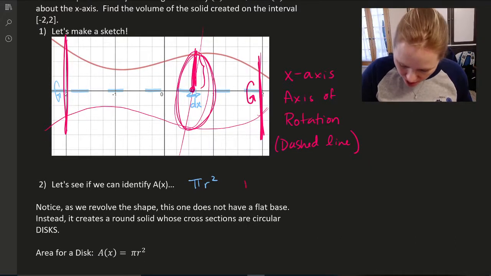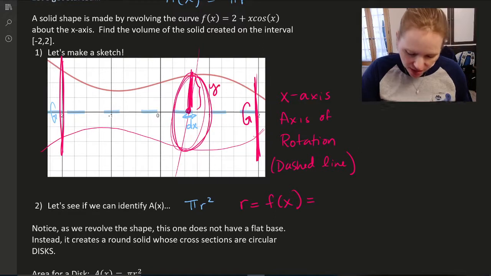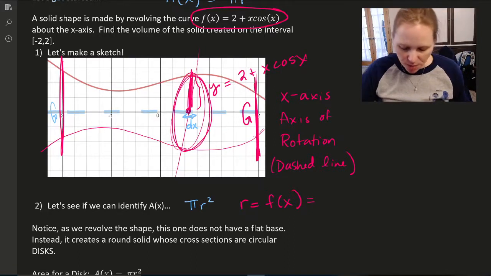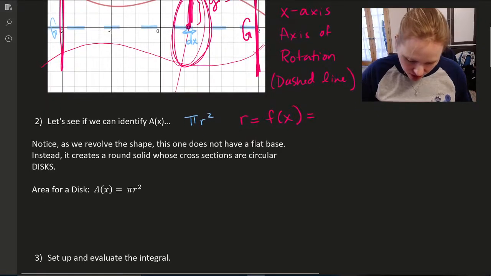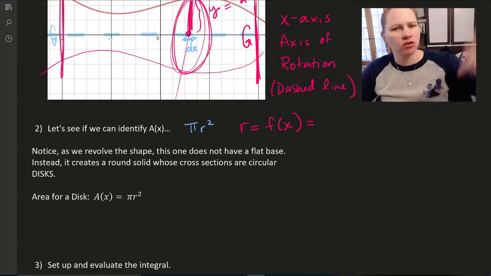My radius is the function itself, so it's the equation. It's this y distance. So it's the 2 plus x cosine of x, the function given in the problem. So that's nice and easy. So let's go ahead and set that up. So the area for a disk, and that's kind of what we're calling this, it looks like a circular disk.